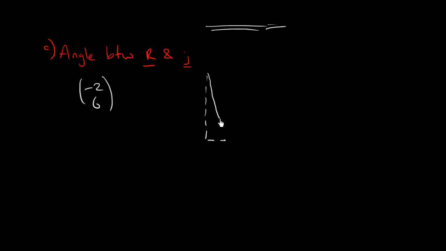I cannot draw a straight line for my life. Okay, we know that this is minus 2 and this is 6. That's our vector R that we just computed. They're asking us for the angle between this vector and the direction j.